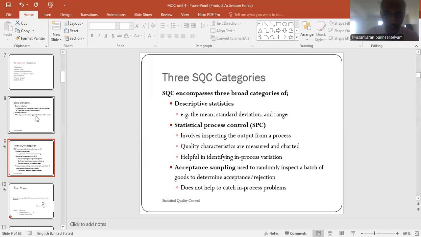We can measure the quality characteristics by charting down all the data in graphical format, and that will help us identify whether the process is within tight control or not. The third one is acceptance sampling. It is a random sampling plan which we can aim for good or bad depending on the random selection of the sample size.